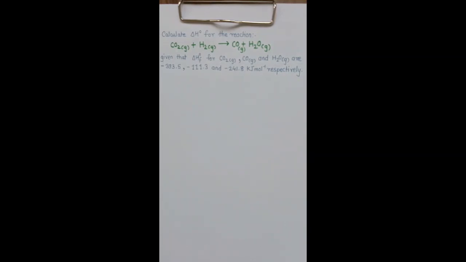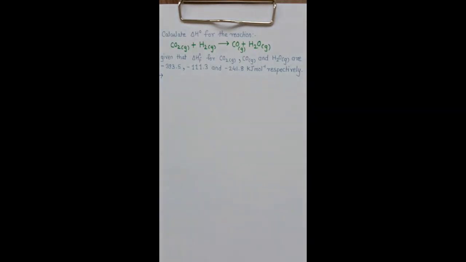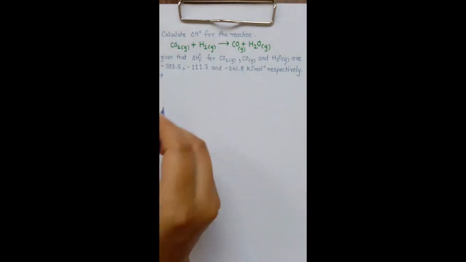So our next numerical is: calculate delta H naught for the reaction. Reaction is carbon dioxide reacts with hydrogen to give carbon monoxide and water as a product. Given that delta HF naught for CO2, CO and H2O are minus 393.5, minus 111.3 and minus 241.8 kilojoule per mole respectively. So always remember, whenever you solve any numerical, you have to write the given things. So what are the given things here?